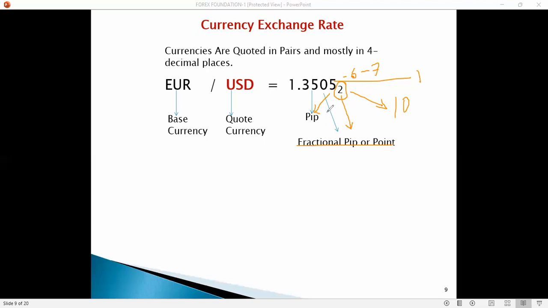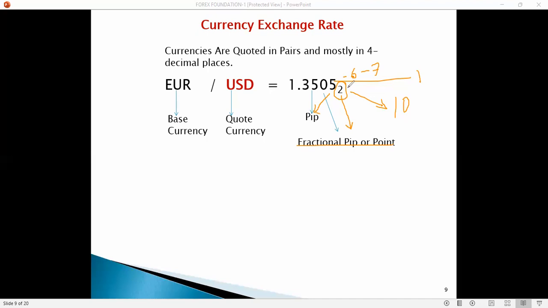Let's say, for example, the market is dropping. After 0, this one has to change to 4, then we'll have 9 again. As the 9 is dropping, this one is going to keep changing from 5 to 4, from 4 to 3, from 3 to 2. That means the market is dropping.